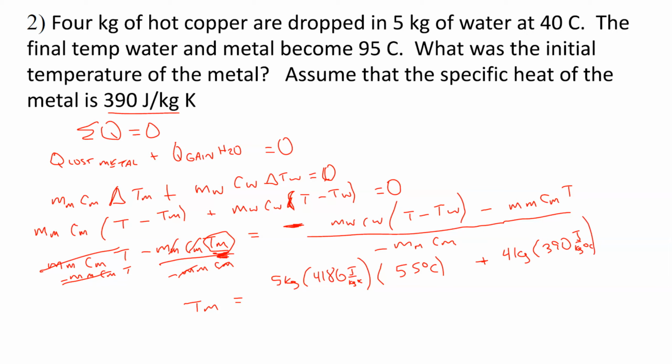And the final temperature was 95 degrees Celsius. When I divide by the mass of the metal, so there would be a 4 kilogram, and the heat capacity was 390.